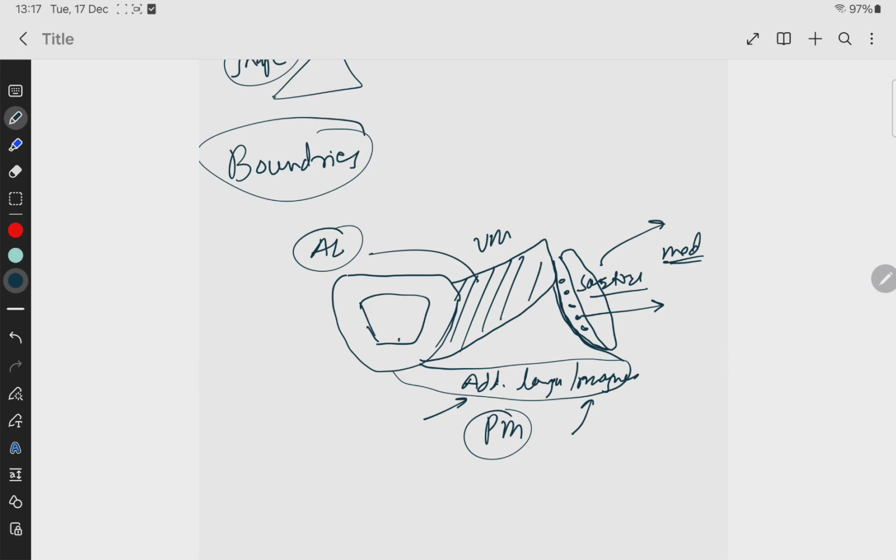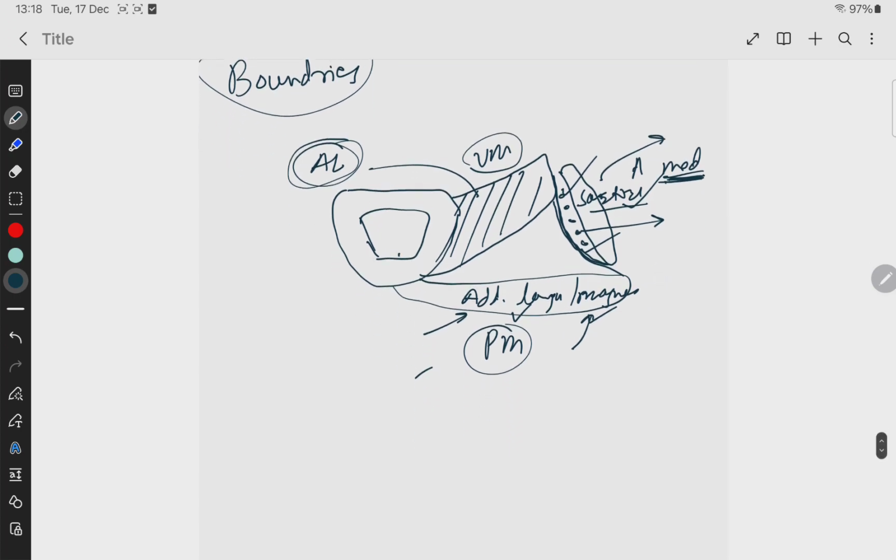So these are the three walls: anterolaterally, medially or anteromedially, and posteromedially. Okay, these are the boundaries.